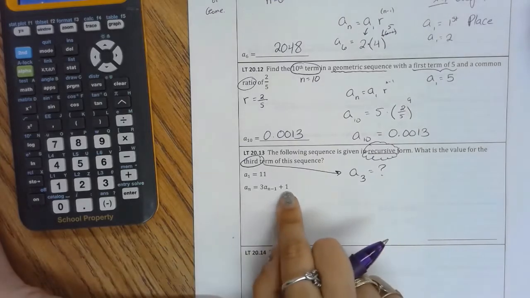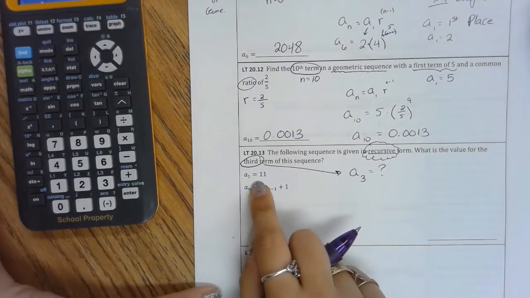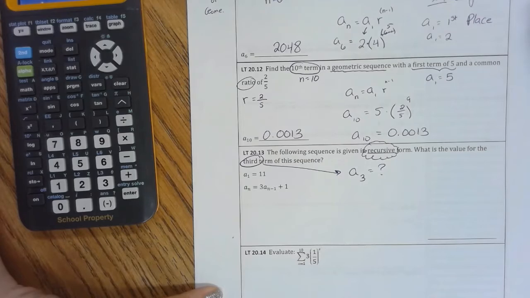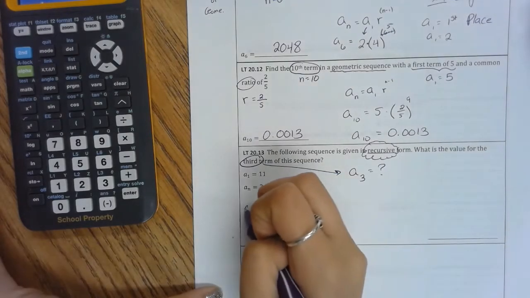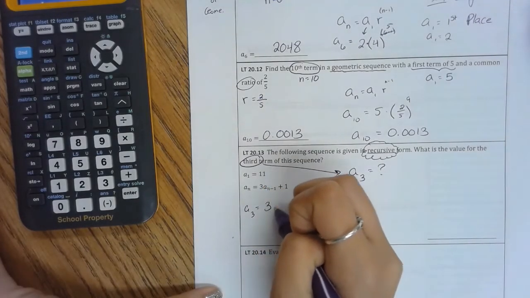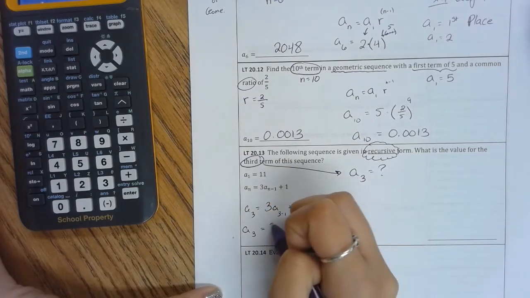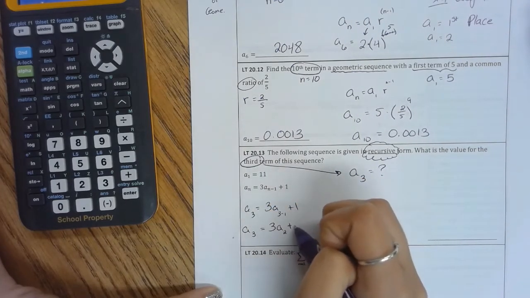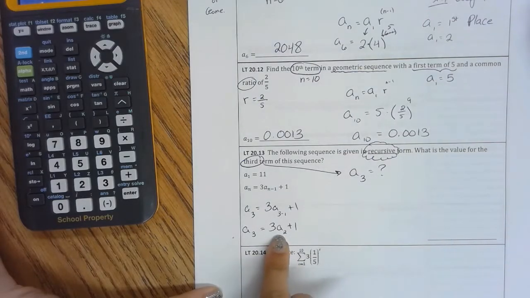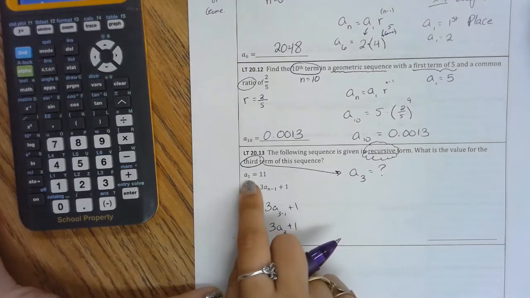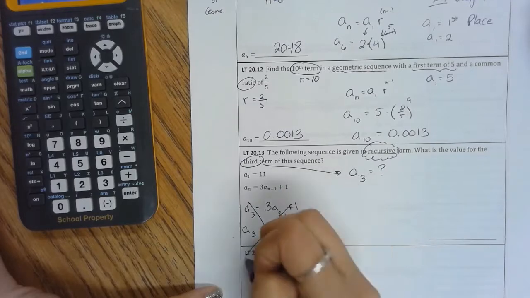They give us the formula and the first term. If I tried to just look for A3, A3 equals 3 times A sub 3 minus 1, plus 1, which is 3 times A2 plus 1, but I don't have A2. I only have A1, so I can't do this just yet.